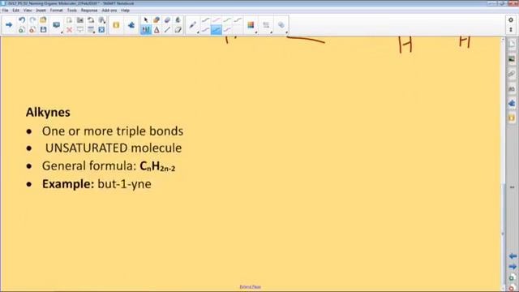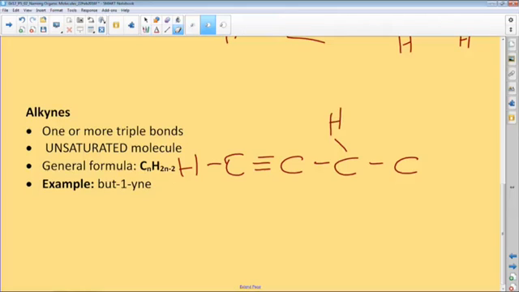The next one is but-1-yne. But-1-yne means that I have a triple bond. Now this carbon at the end can only have 1 hydrogen, which we put off the end because of what we learned last year about VSEPR and molecular geometry. This middle carbon can't get any hydrogens, otherwise it makes more than 4 bonds. Let's not do that.